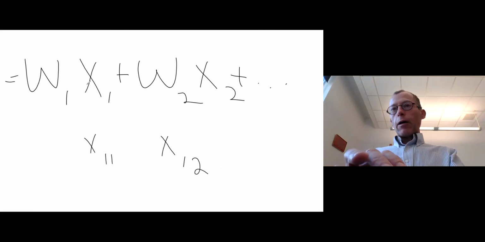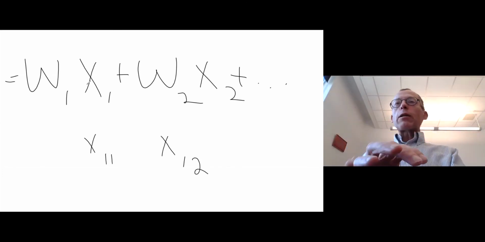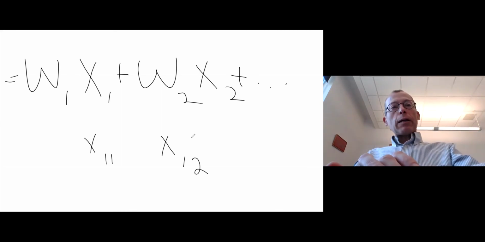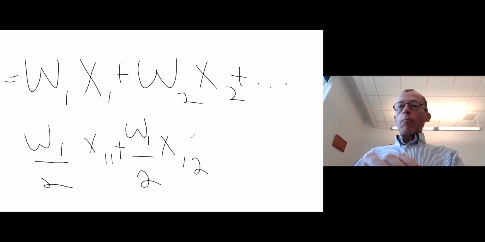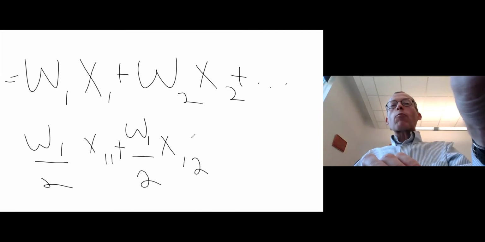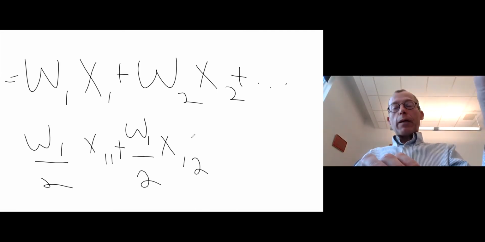That's the only difference. Everything else stays the same. Is there a W that will be optimal for these two? What W will be optimal for these two? For example, W1 over 2 plus W1 over 2. Or you can think of other combinations, but any combination where X11 plus X12 times, or basically, right?